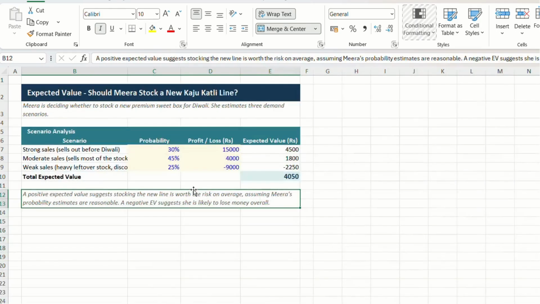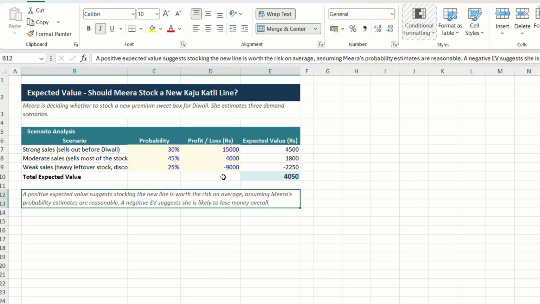Now next we have expected value, where Mira wants to make a decision whether she can introduce a new premium sweet box for Diwali. So she estimates 3 scenarios: strong sale, moderate sale and weak sale, and sets the probabilities of 30, 45 and 25% with the profit and loss.